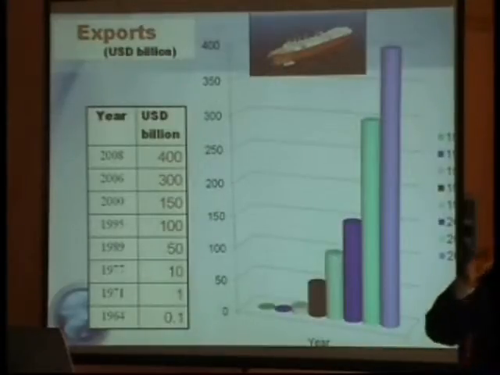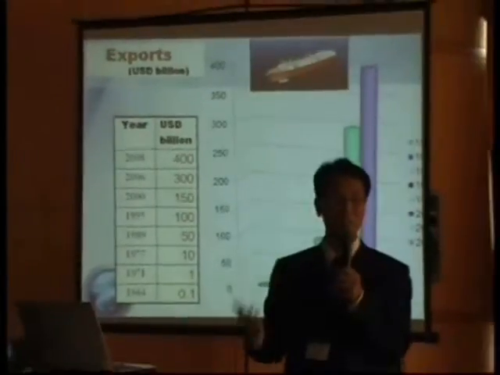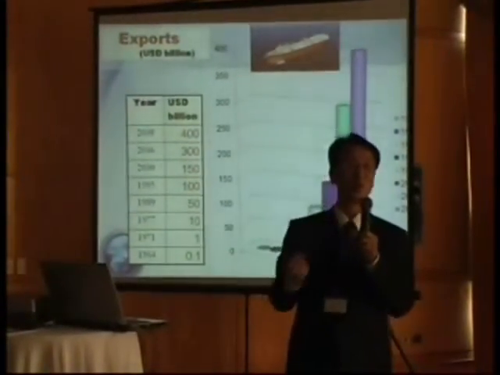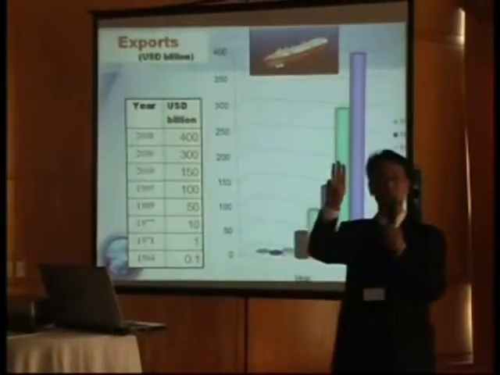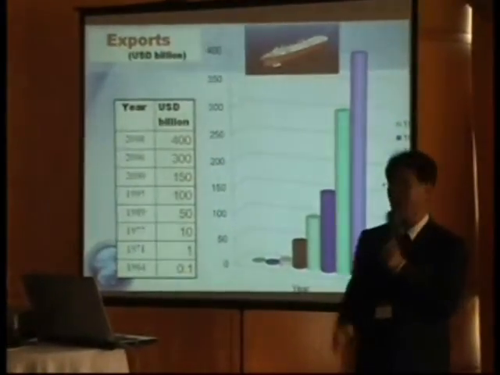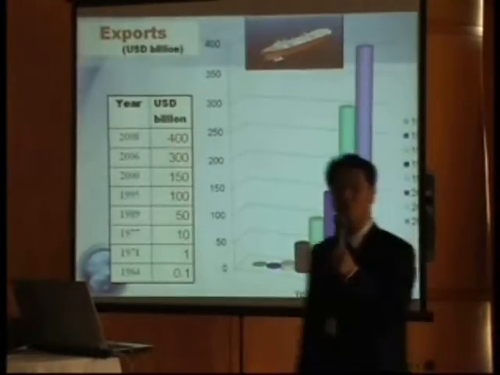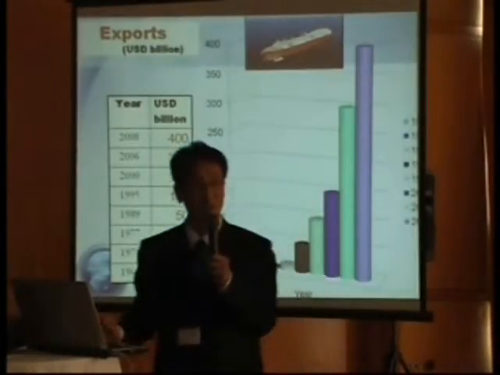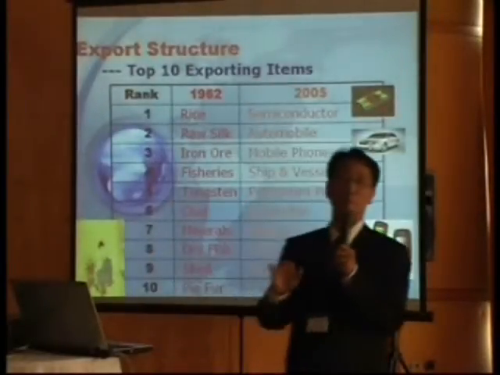We still celebrate the date as the Day of Export in Korea every year. So we were so rejoiced to reach $0.1 billion after 3 years of effort from the beginning stage. But nowadays, we export more than $400 billion every year. That's an enormous amount.